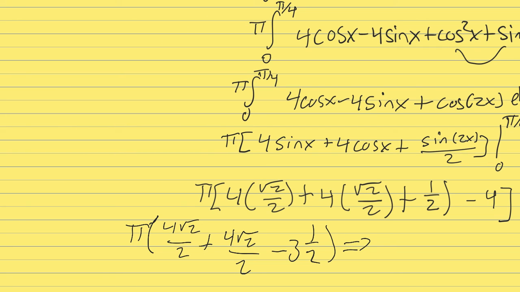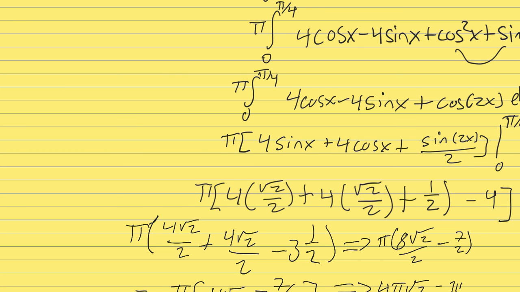This is going to give us pi times 8 square root 2 over 2 minus 7 over 2, which will then give us pi times 4 square root of 2 minus 7 over 2, so the final answer is going to be 4 pi square root of 2 minus 7 pi over 2.